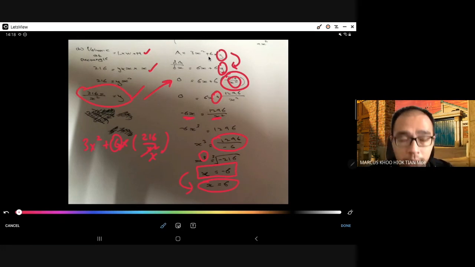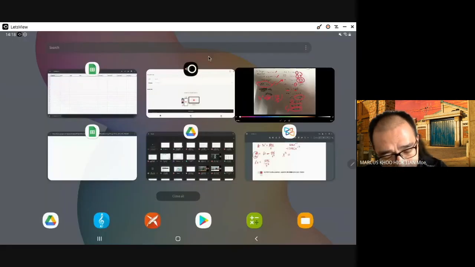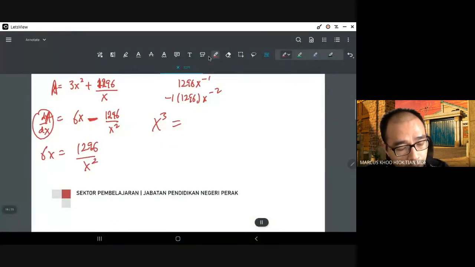Because you have already found y, after that what you do is you substitute first, like what I did here. Substitute first, get everything in x, no y inside anymore.